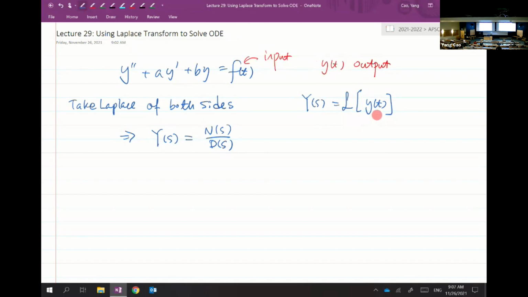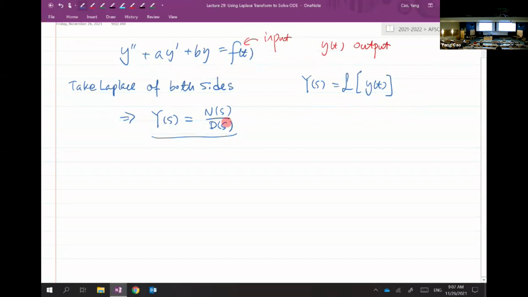So if you take Laplace of both sides, and also based on certain given initial conditions, you will end up with a fraction for Y of s. And the idea is from here you want to transform the fraction into a very simple form.